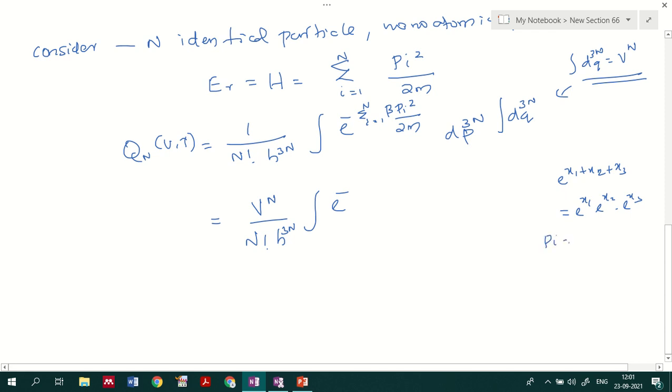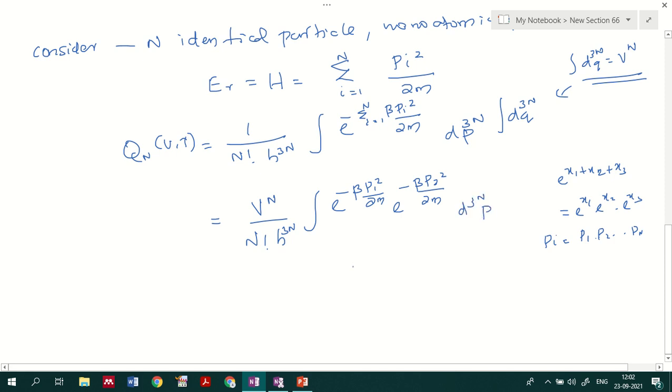pi, if you represent like this, you can have p1, p2 up to pn, or pi will be there. In that way, if you represent this one, this is e raised to minus beta p1 square by 2m, into e raised to minus beta p2 square by 2m, into dp raised to 3n.